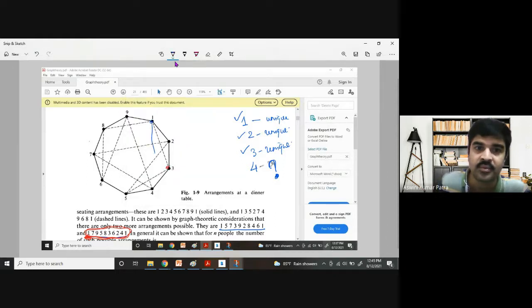Yeah, 1 to 4, then 4 to 2, or 4 to 8 also can go. At this point of time, we can ask whether 4 to 8 is possible or not. But I'll tell you, there was some situation where 8 to 4 was there.